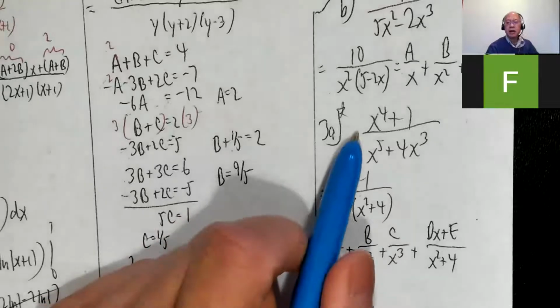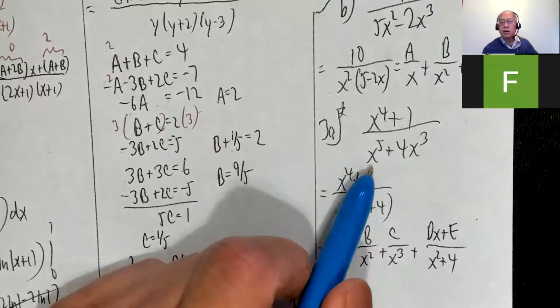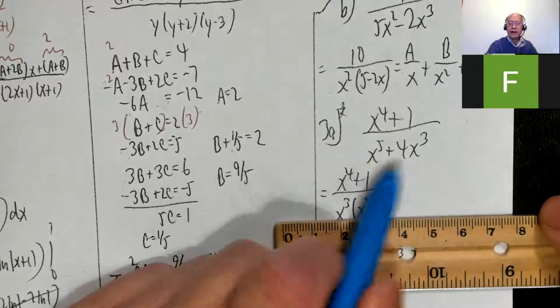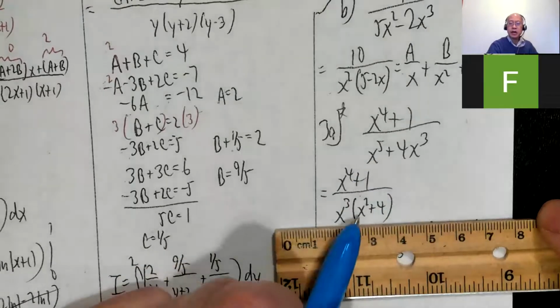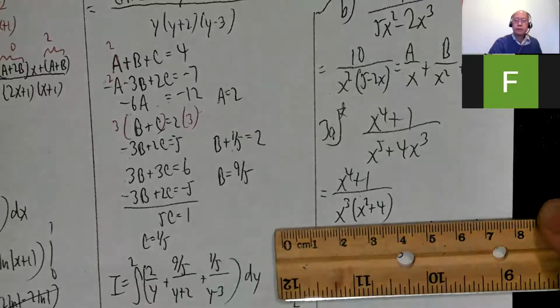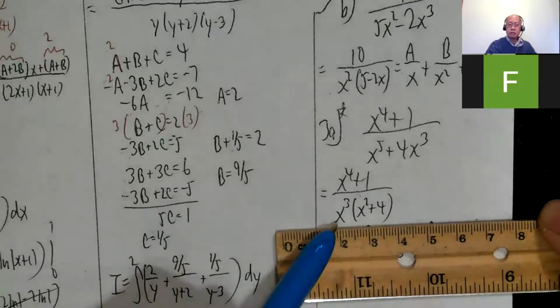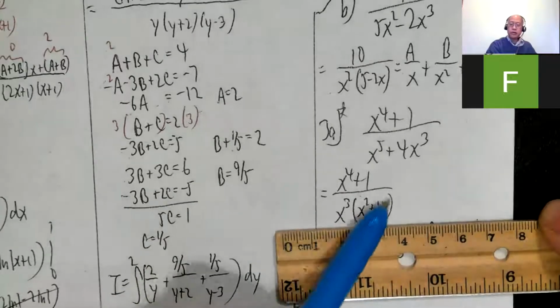Then I'm going to show you 3A star, x to the 4th plus 1 over x to the 5th plus 4x cubed. Factor the denominator into x cubed, x squared plus 4. So what do I have here? I have a repeated linear expression, x cubed, and an irreducible quadratic.